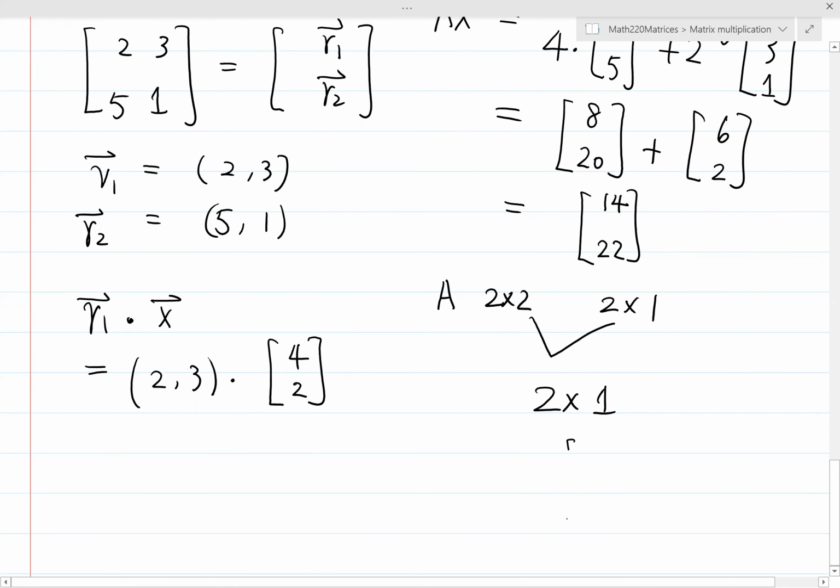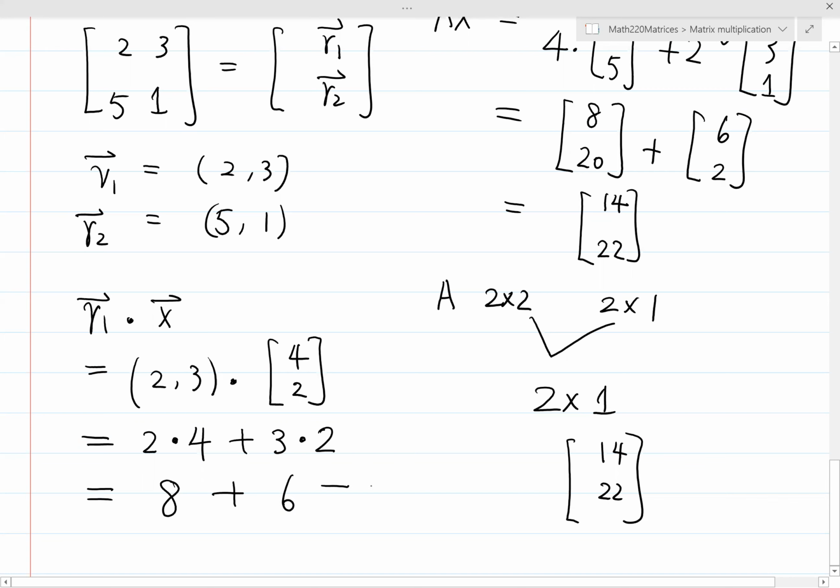Remember, our result is 14, 22. Using the dot product, component-wise multiplication, 2 times 4 plus 3 times 2, then we get 8 plus 6, which is 14, exactly 14 as here.